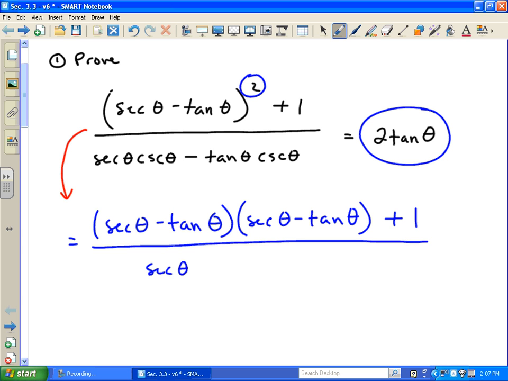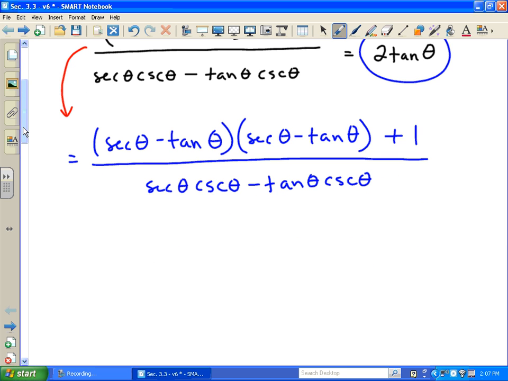I have secant of theta, cosecant of theta, and then minus tangent of theta, cosecant of theta. In the numerator, I need to FOIL the two binomials. Doing that, I'll have secant of theta times secant of theta, which is secant squared of theta.